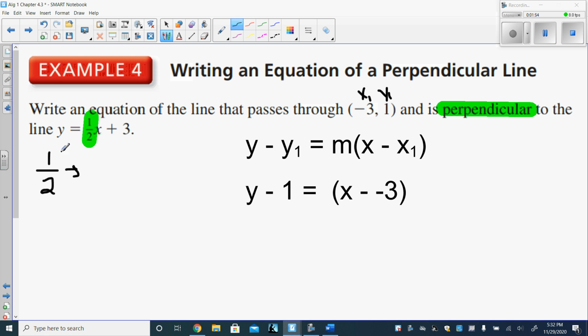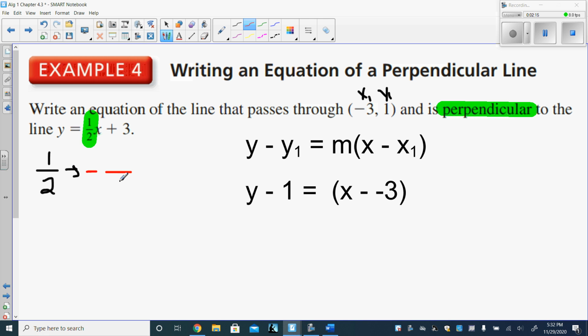So what we're going to do is take our 1/2. Because it's positive 1/2, we change the sign and flip it, the opposite reciprocal. Since it's positive, we change it to negative, and then we flip it. Change and flip. So it went from positive to negative.